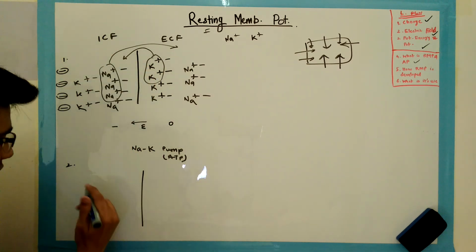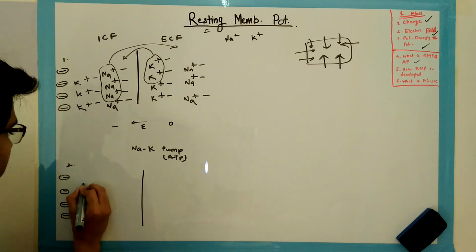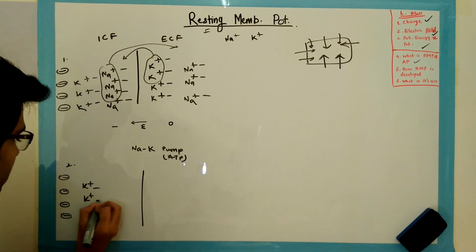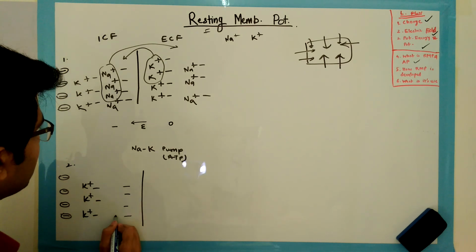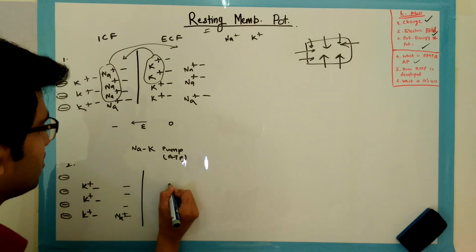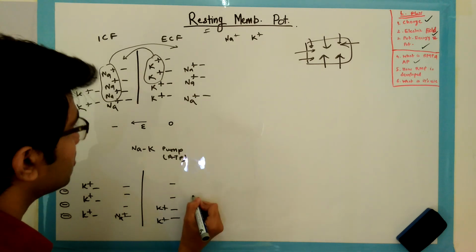So now what will be the condition? Watch here. We have K positive, negative. This was not disturbed. We have negative, negative, negative, negative. This was not disturbed.